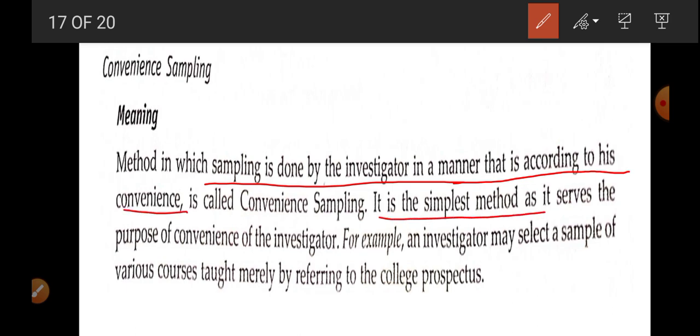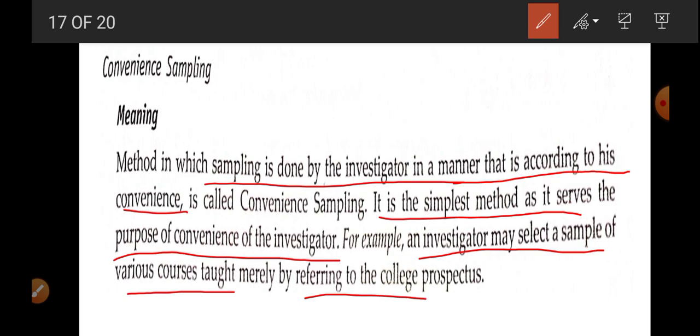It is the simplest method, and it serves the purpose of the convenience of the investigator.